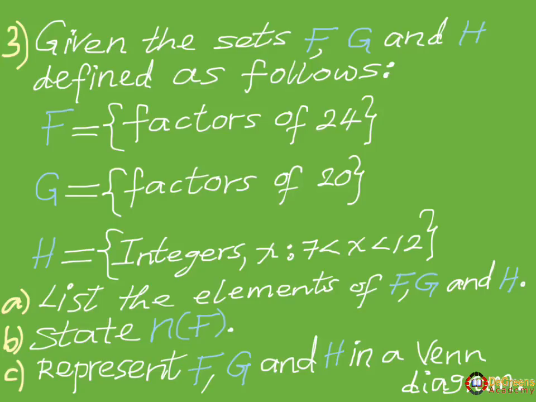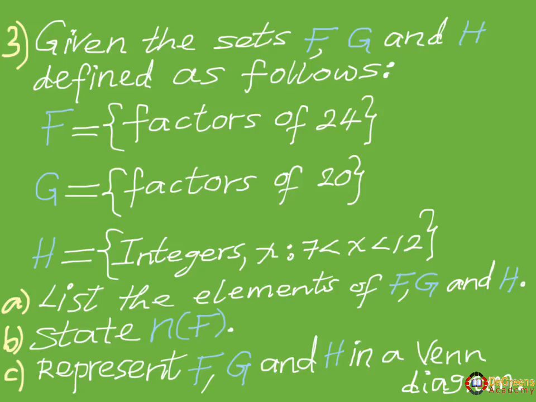I said you can define a set using the characteristic property or by listing the elements. The set F is given as factors of 24, but in A, you are asked to list the elements. So we have to list those factors of 24. And factors of 24 are simply numbers that you can divide 24 by without having a remainder. And in H, you have integers x, so that 7 is less than x less than 12.